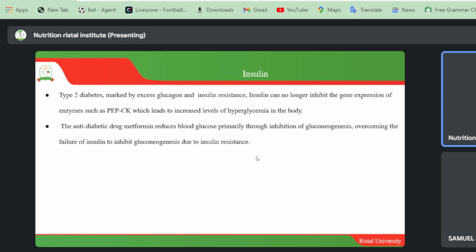To inhibit the enzyme PEP carboxykinase, which is a key enzyme in the process of gluconeogenesis, your cells should be responsive to insulin, which will help in reducing levels of cAMP and also inhibiting the PEP carboxykinase enzyme. But in this case, a diabetic person cannot really go through this process because of the insulin resistance.